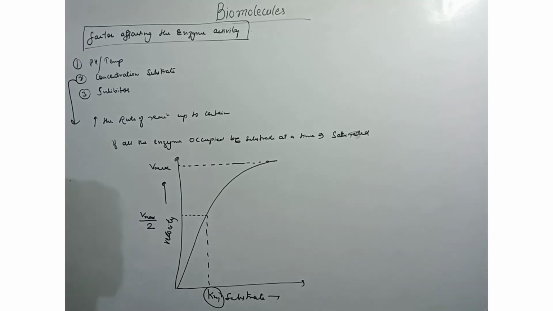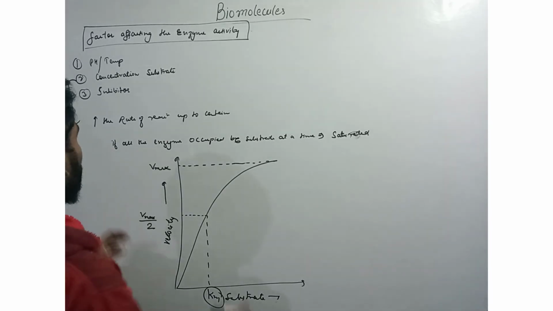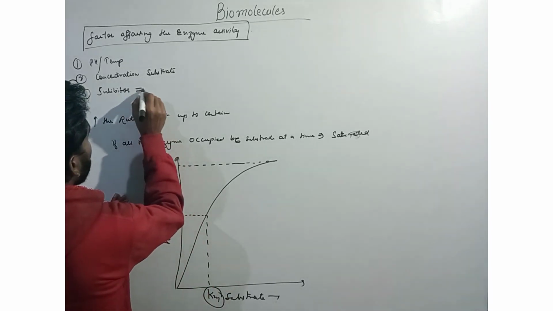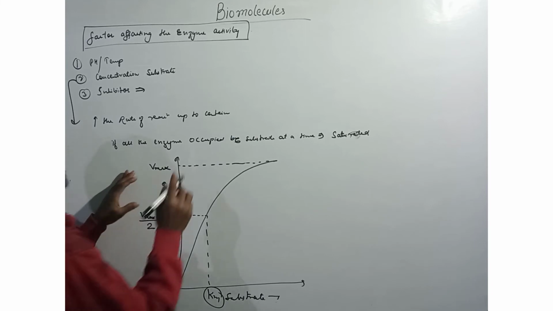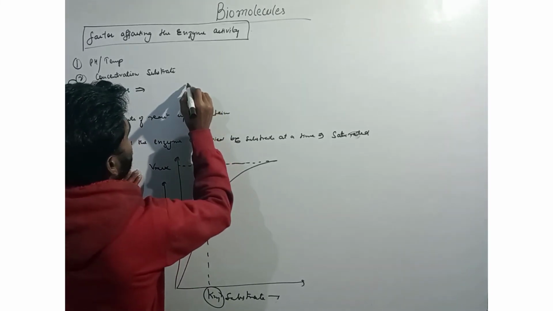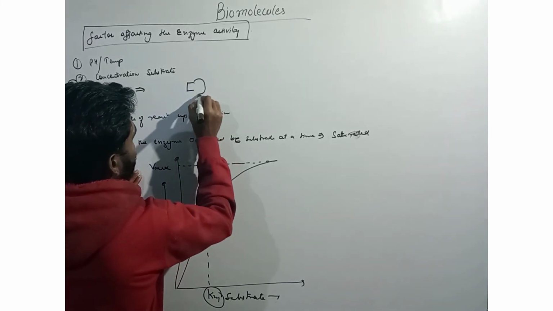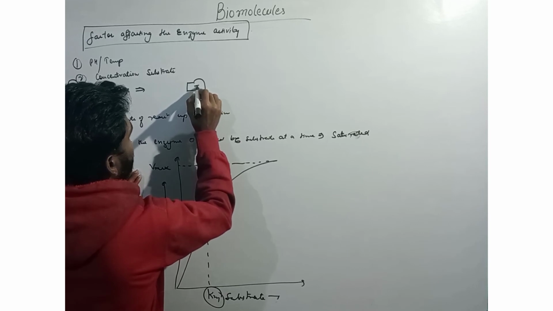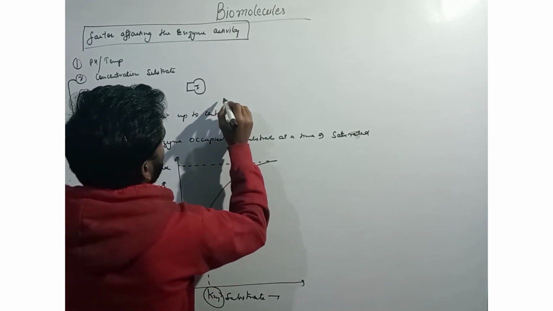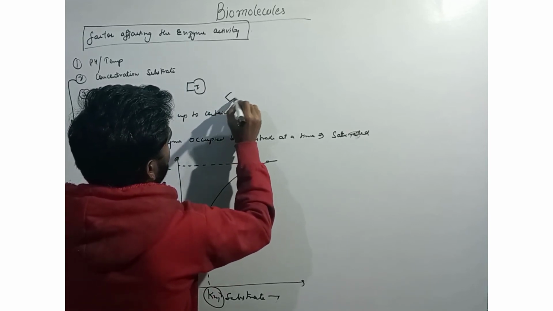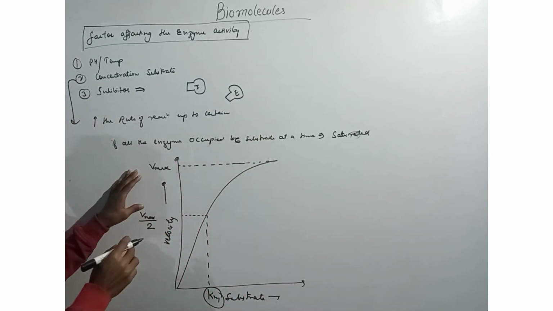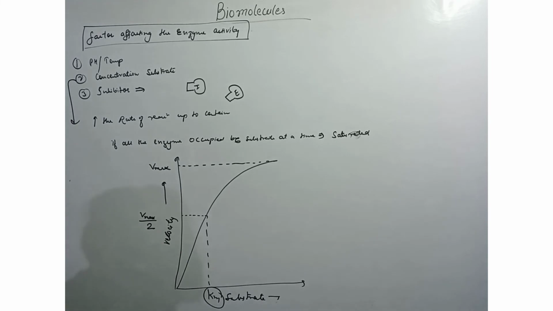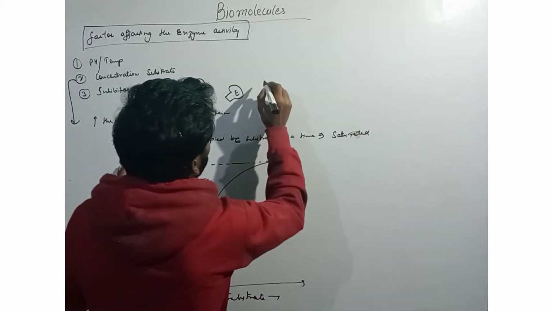Okay, now let's see the inhibitor. When talking about an inhibitor, it resembles the structure of the substrate. For example, this is an inhibitor, this is an enzyme, and their shape and size are the same.